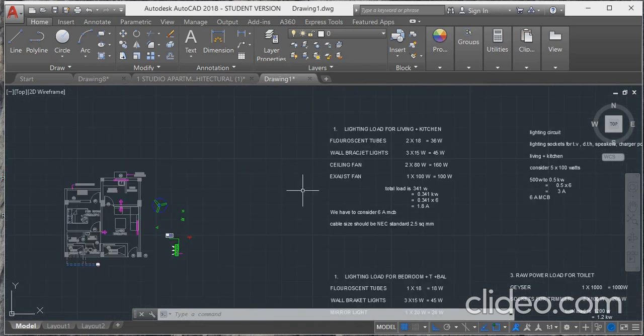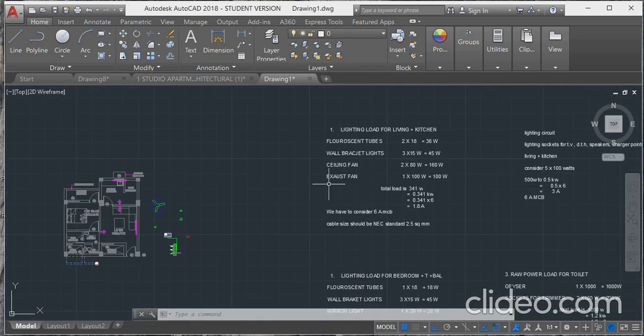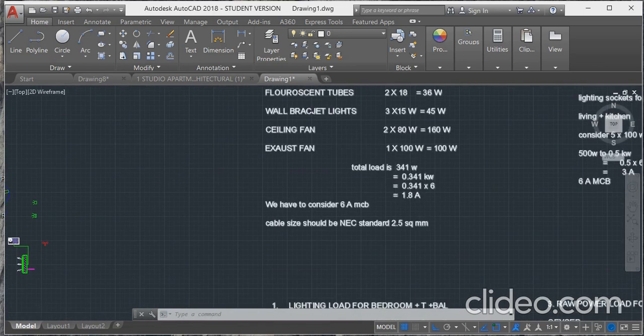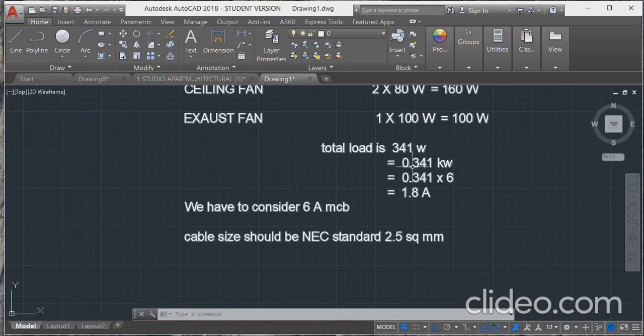For selection of the circuit breaker, in single phase I have to multiply by 6, and in 3 phase I have to multiply by 8. I will discuss later how it came about 6, in the next class. First we have to consider a 6 amp MCB for lighting circuits, and the cable size should be, as per NEC standard, 2.5 square mm.